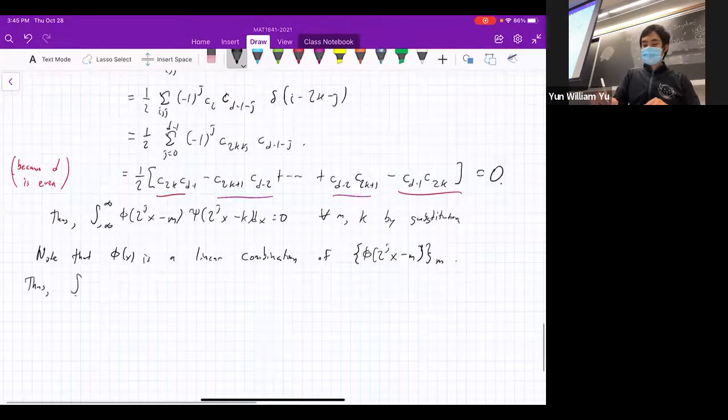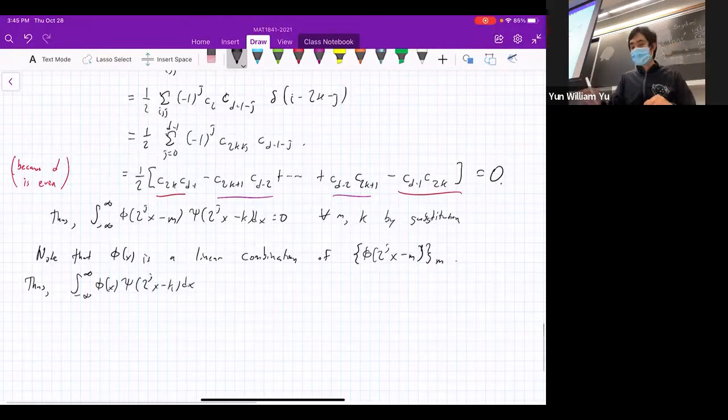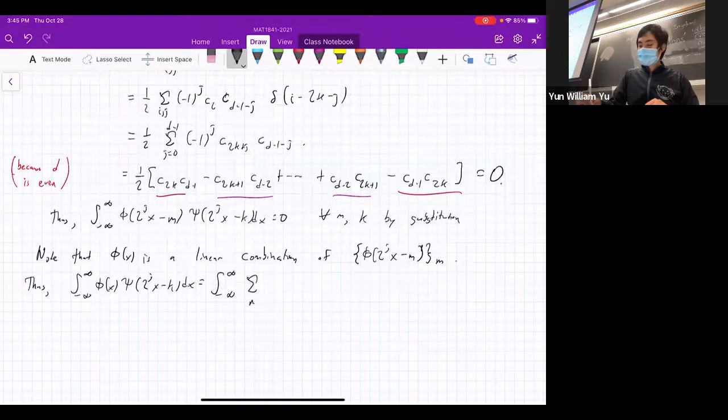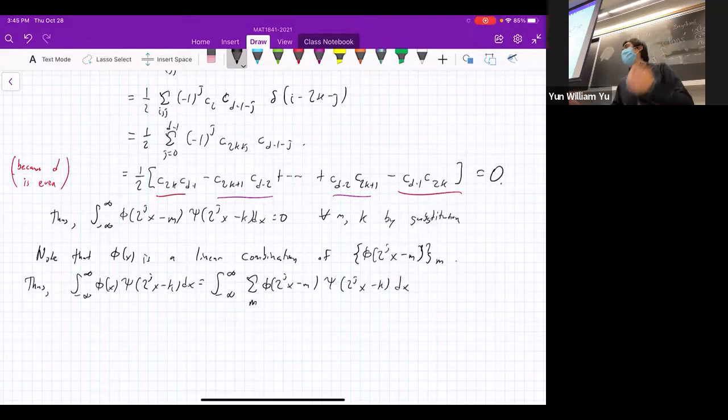Then the integral from minus infinity to infinity of phi(x) times psi(2^j x - k) dx, for any of the indices, is equal to the inner product where you break up the sum over m of phi(2^j x - m) times psi(2^j x - k) dx. But each of those inner products, once you move the integral inside, is just 0, because we just showed that at the same scale they're orthogonal. And so this sum is also equal to 0, which completes this proof.